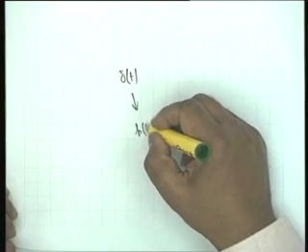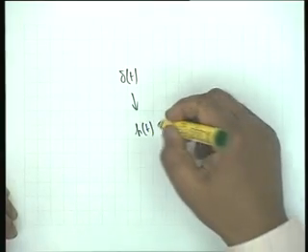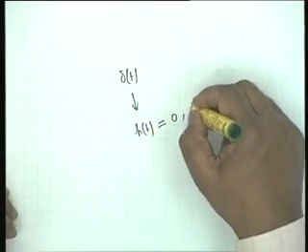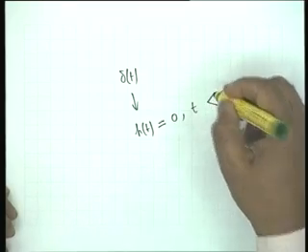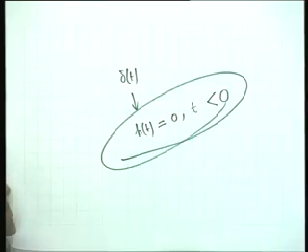The easiest way to do this is to apply a unit impulse. The output should appear only after the impulse is applied. That means the unit impulse response h(t) should be equal to 0 for t less than 0. This is the criterion for causality.